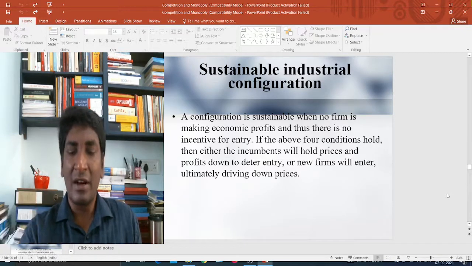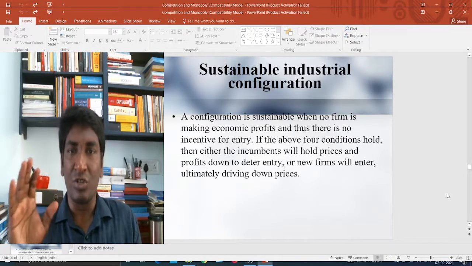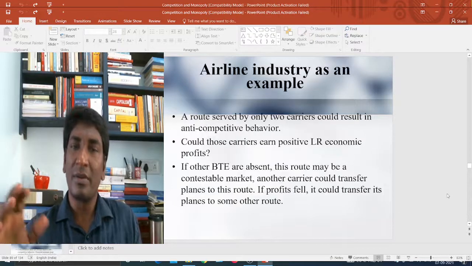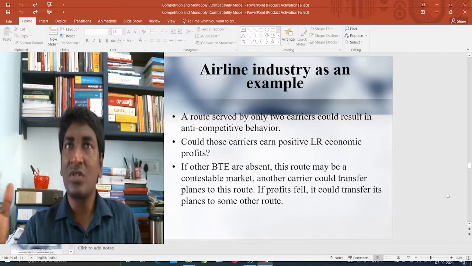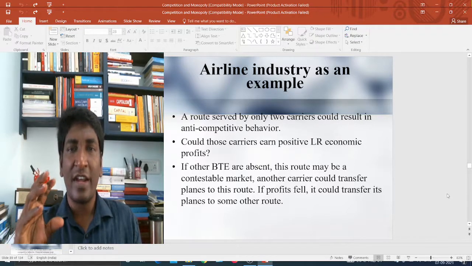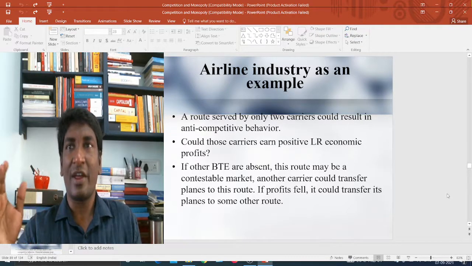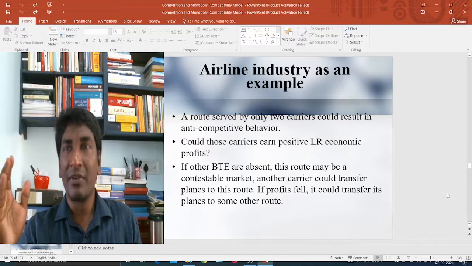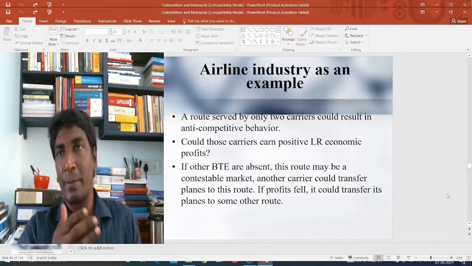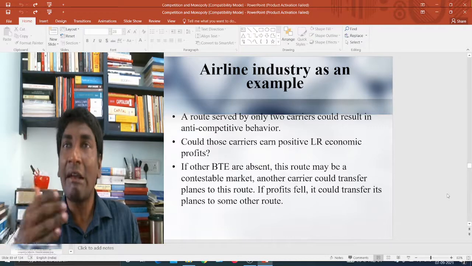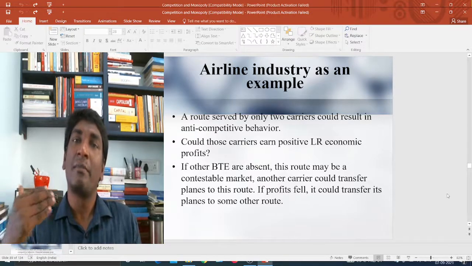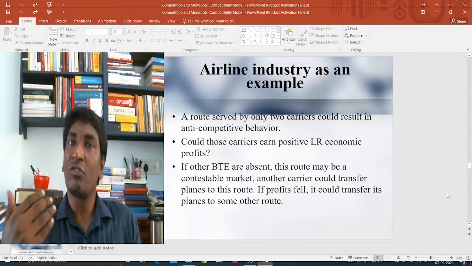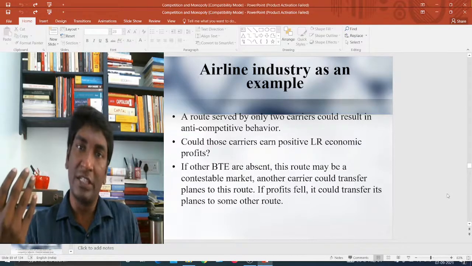So let me come to the contestation issue, because this is very crucial. There are many industries where you can locate this kind of possible contestation, where you can transfer your resources from one place to another, and that transfer is because there is a possibility of profitability.